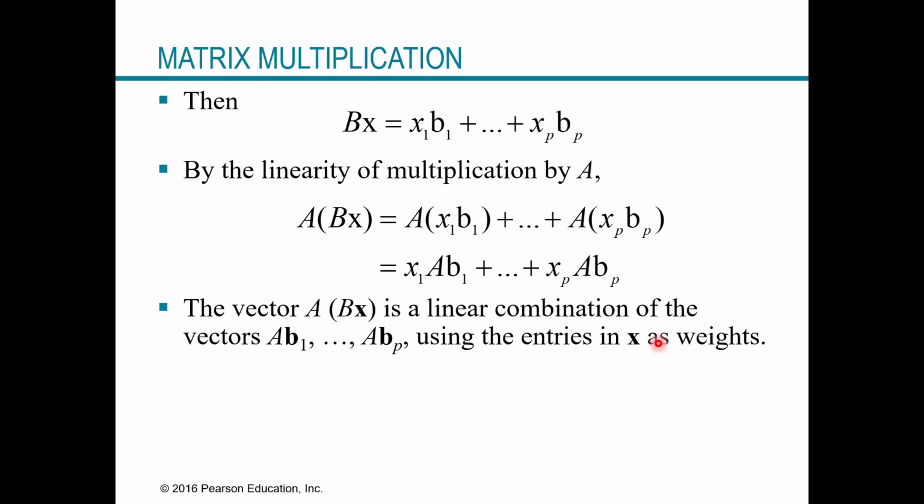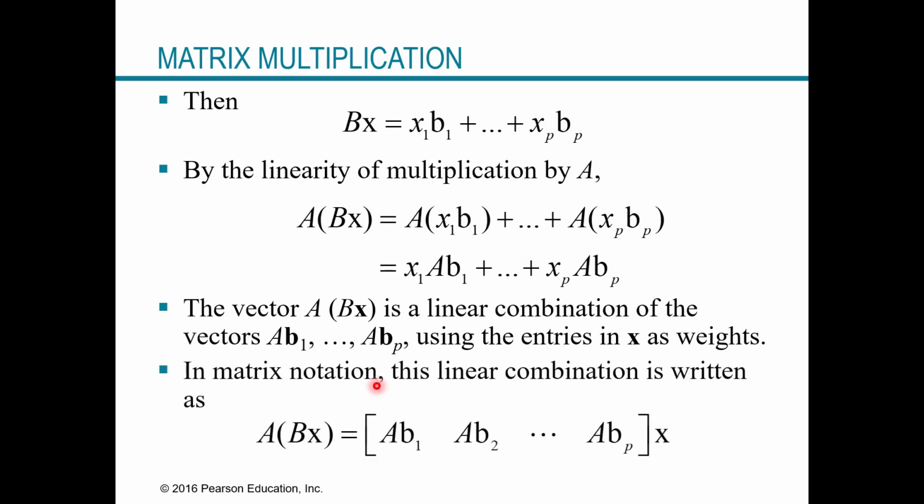So when we were first learning about linear combinations, hopefully this reminds you of that. And so in matrix notation, the way we write this linear combination is the following. These are equivalent. This linear combination here is equivalent to this matrix notation here, where we have this matrix, which has entries A times B1, A times B2, and so on, all that times X. So these are saying the same thing.